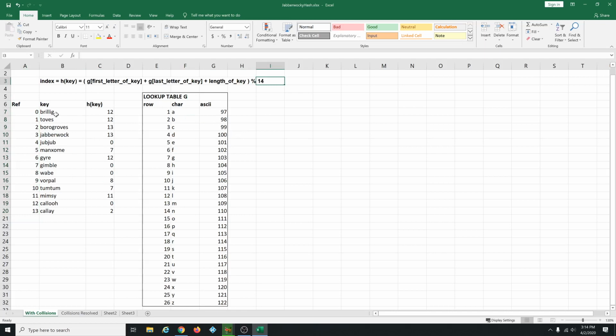So let's see. Brillig, first letter is B, last letter is G. So it's going to be 97 plus 103, plus the length of the key, which is 1, 2, 3, 4, 5, 6, 7, right?